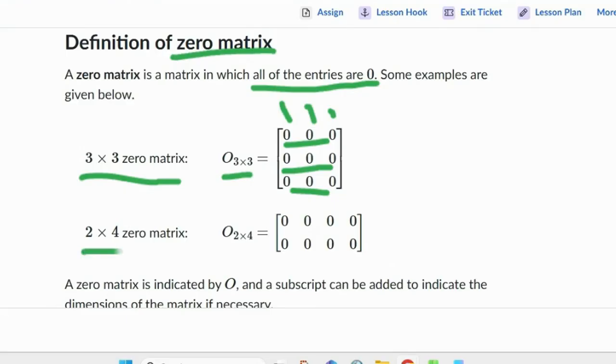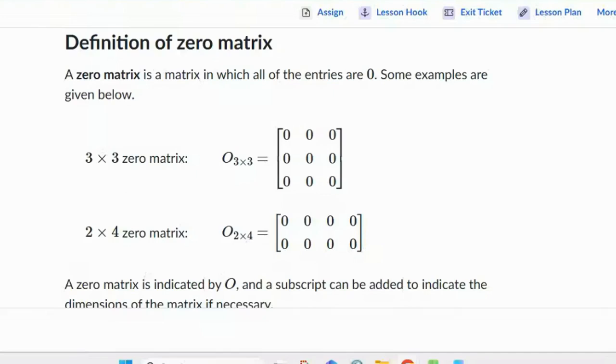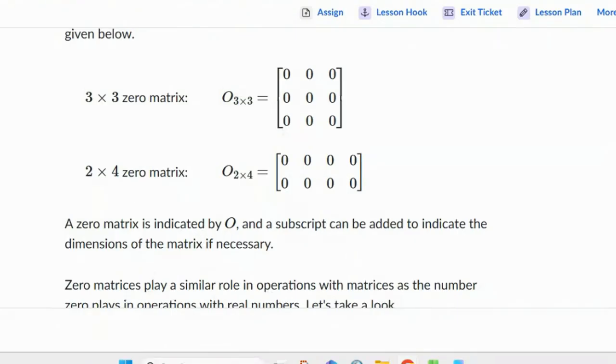If it's a 2x4, then we just have 2 rows of zeros. So it's like, okay, zero matrices, that seems pretty simple. So we indicate it by the O, and then usually you can put a subscript to let people know how big it is.